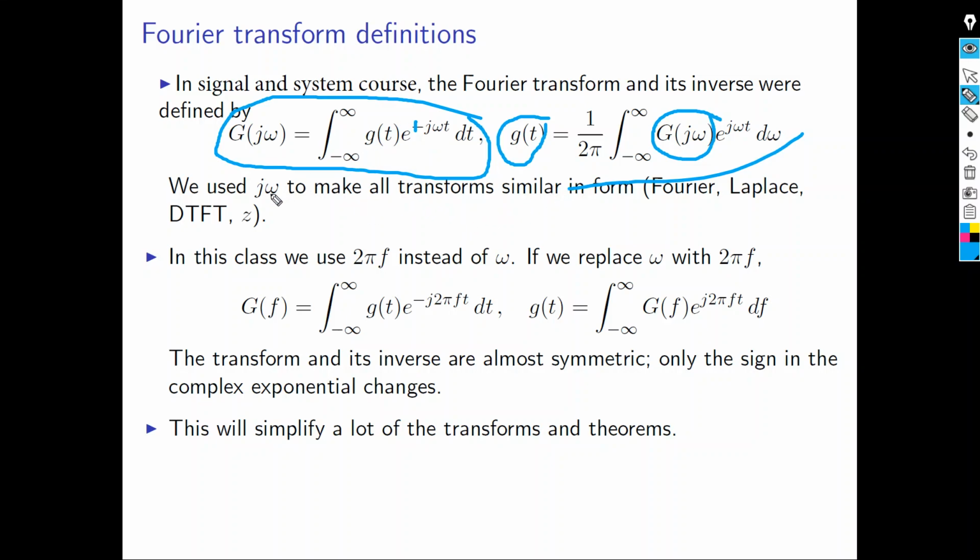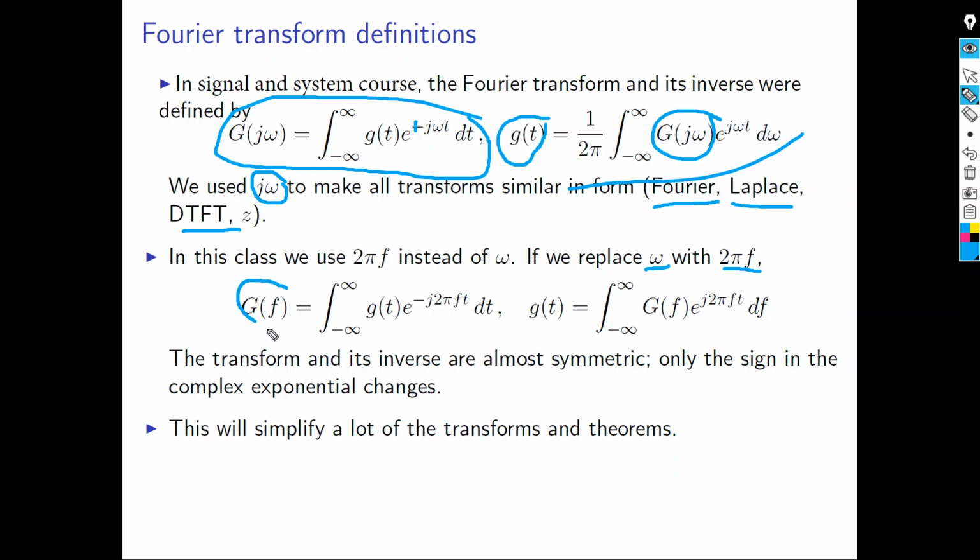In Signal and System, the term jw was used to make all transforms similar in form. Basically, we used it for Fourier, Laplace, DTFT, and Z transform. In this class, we use 2 pi f instead of w. We replace w by 2 pi f.